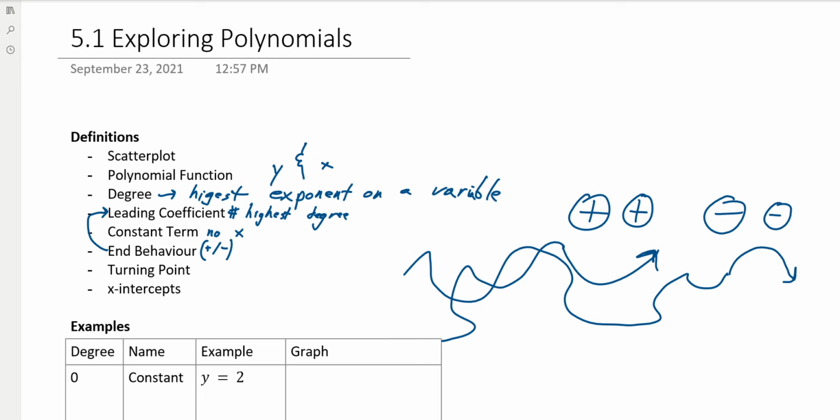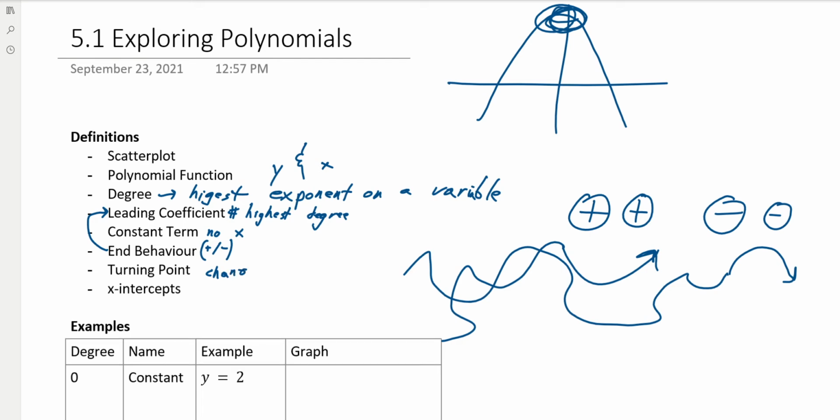Okay, a turning point is basically any time that a graph goes from a positive slope to a negative slope. This here up top is a turning point. A change in slope sign, I guess.